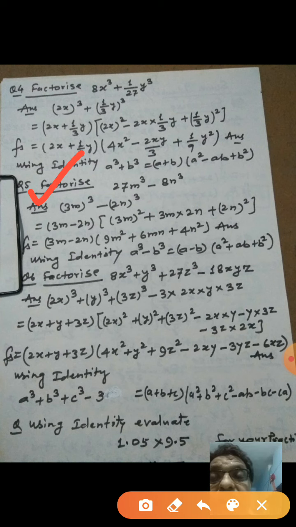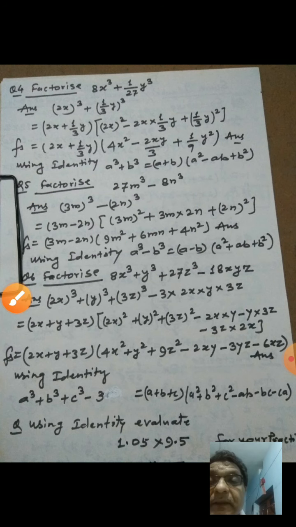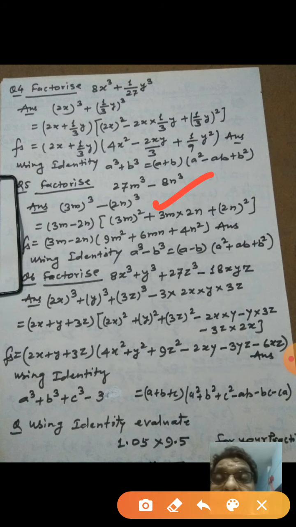So quite naturally, here I have taken m and n variables in the polynomial. So it is 27m cube minus 8n cube. We will arrange these cubic terms in the form of a cube minus b cube, as I have arranged, (3m) whole cube minus (2n) whole cube. So now our question is in the form a cube minus b cube.